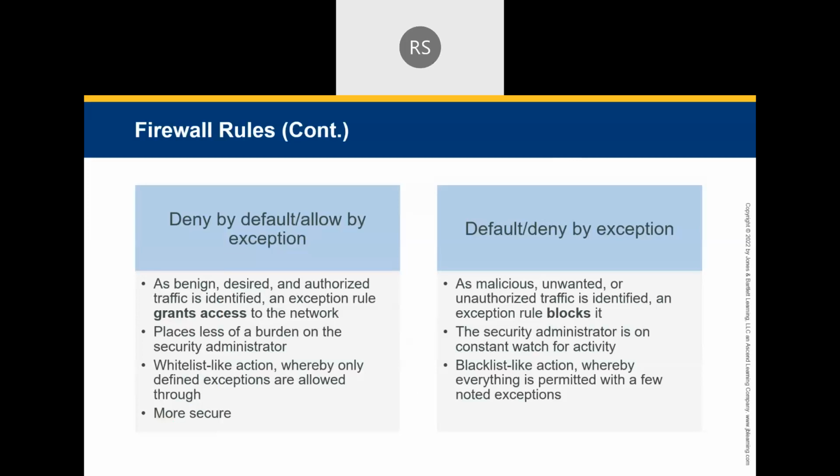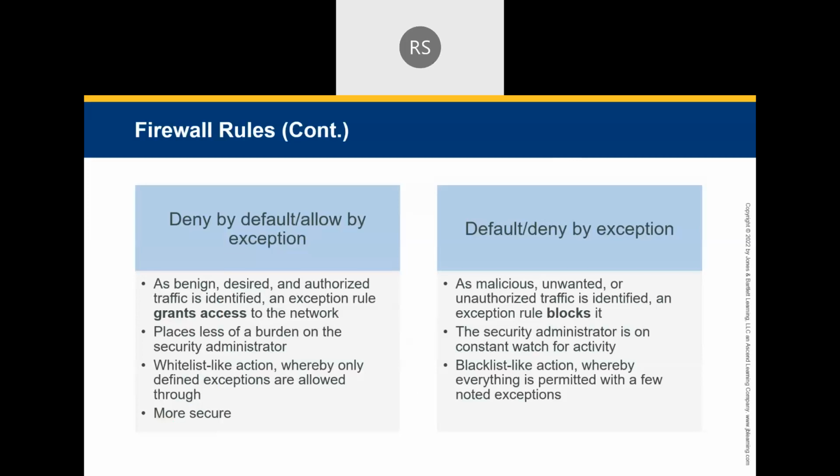Deny by default, allow by exception operates on the premise that all traffic is denied by default. As benign, desired, and authorized traffic is identified, an exception rule is created to grant access to the network. This strategy is like creating a whitelist, allowing only explicitly approved elements to pass through.